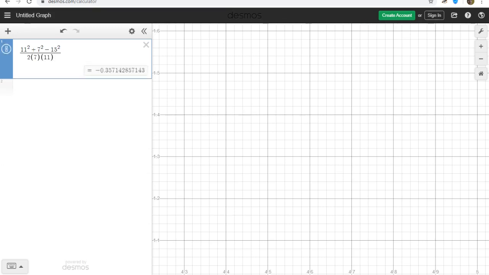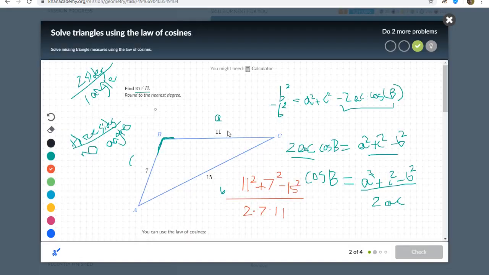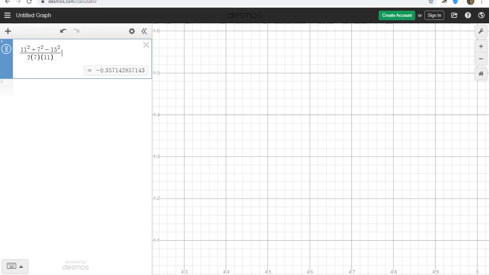Alright, so we got this part. Now, to get angle B by itself, we have to take the inverse cosine of this entire thing. Let's see, I think I can just group all this, can I?